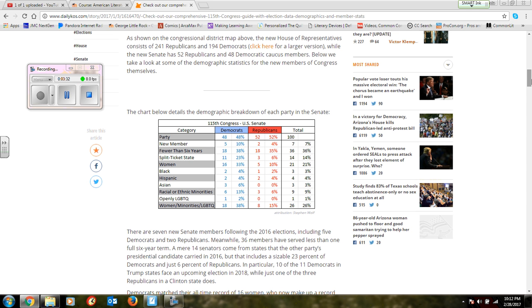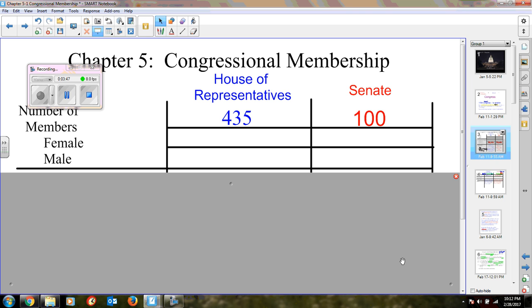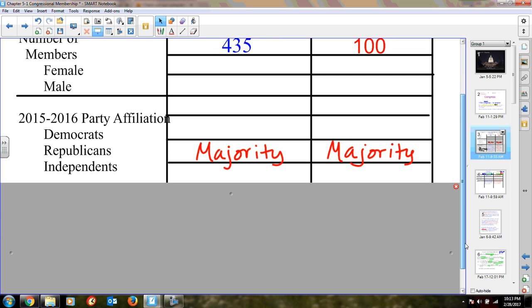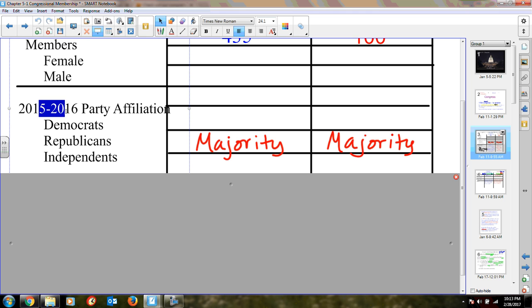In terms of people of color, if you look at Black, Hispanic, Asian, or racial minorities, we have a 19. And so that tells us that the demographics of our Congress is definitely white males. The Republicans control the majority of everything. I should have this changed to 2016, 2017. I just noticed that. And we just talked about those numbers there.